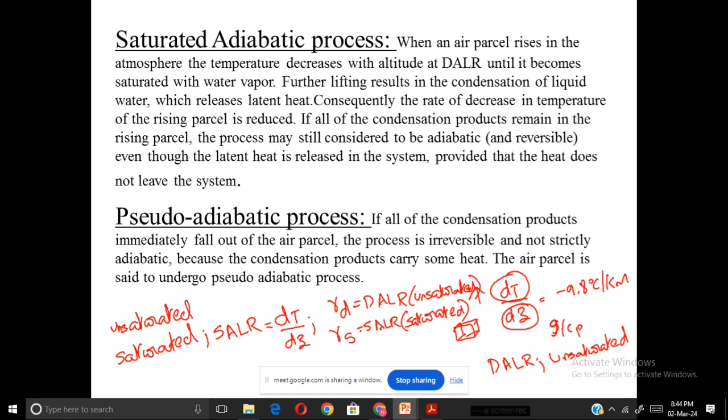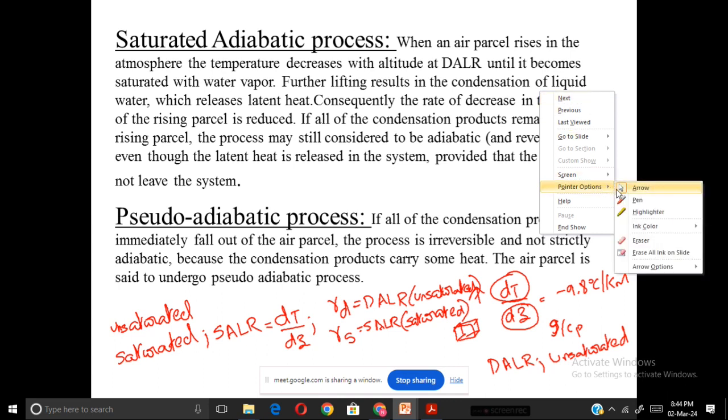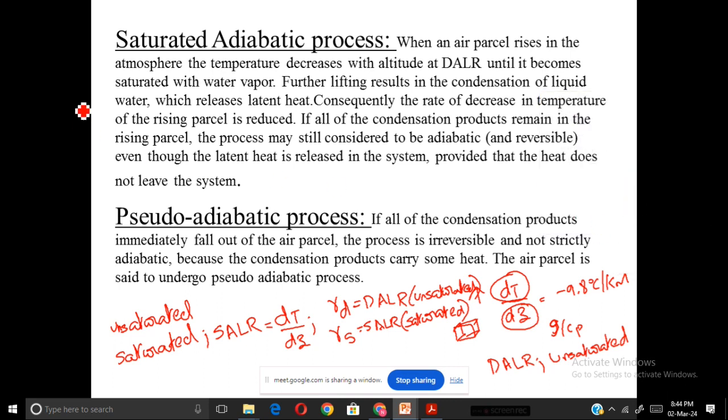As we just told, when an air parcel is rising in the atmosphere, the temperature decreases with altitude at the dry adiabatic lapse rate. So initially we have an unsaturated air parcel. The parcel is raised in the atmosphere. Temperature decreases.